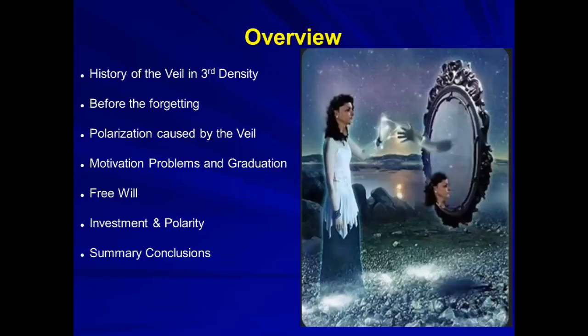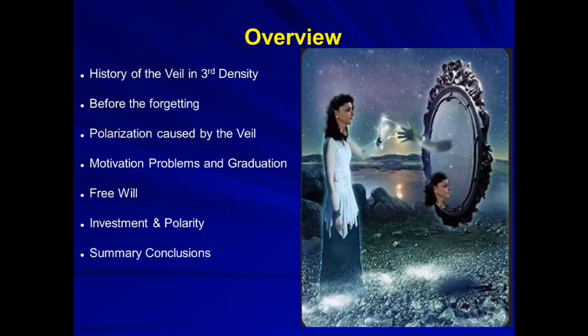Today we're going to look at the history of the veil and third density. What was going on before the veil, the forgetting? That means polarization in third density, what the process of polarization was before the veil, and how it's been impacted by the fact that we're veiled.